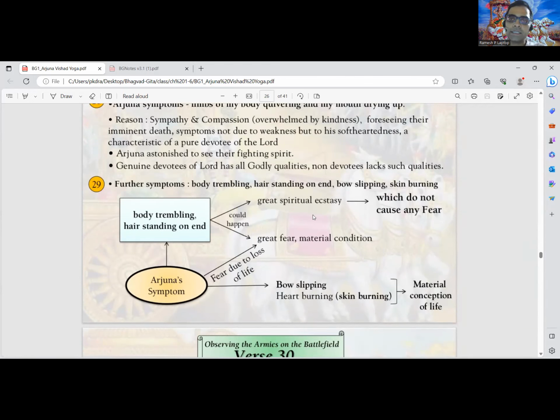So he doesn't think anything spiritual. He thinks on the material platform about what will happen. So all these symptoms have come to him. Though Krishna is actually sitting as a charioteer one foot behind him, he has forgotten that, and he's going into the material platform.